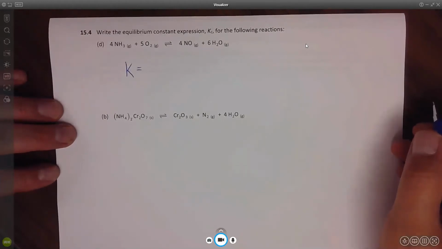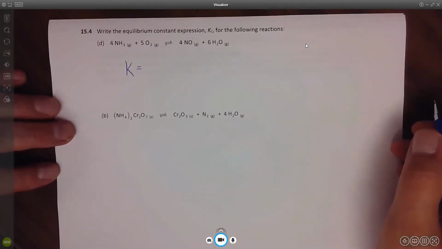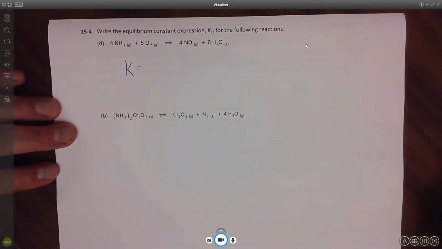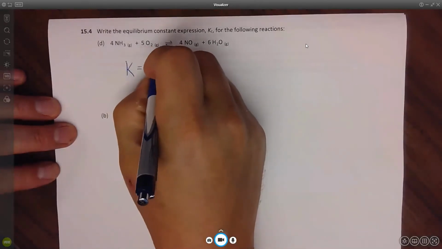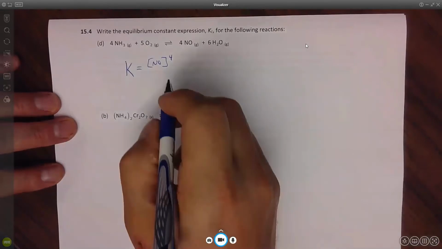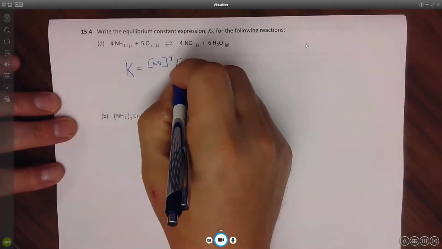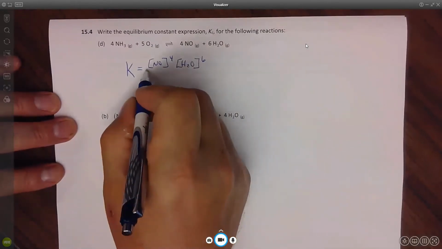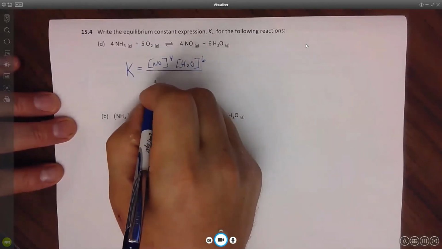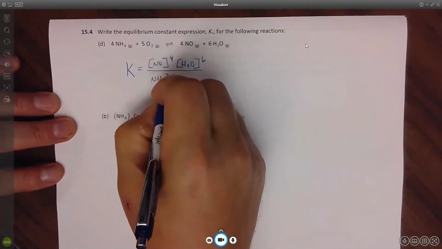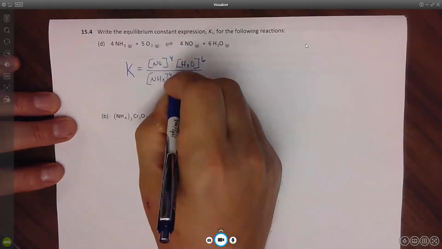So using the chemicals, it'd be the concentration of NO to the 4th times the concentration of H2O to the 6th, over the concentration of NH3 to the 4th multiplied by O2 to the 5th.